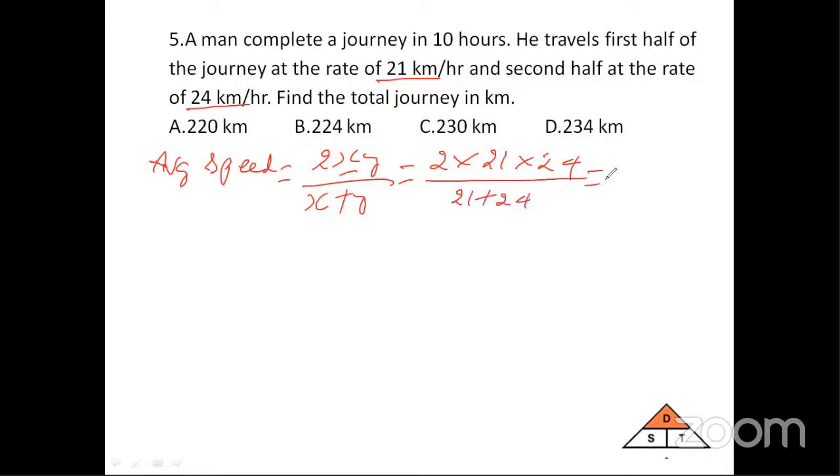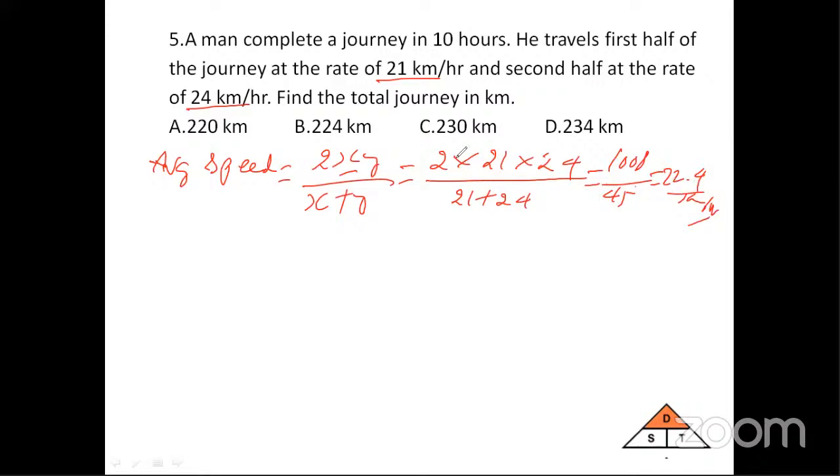Multiplying 2 into 21 into 24, we get 1008, divided by 21 plus 24, which is 45. When we divide this further, we get the speed as 22.4 kilometers per hour.